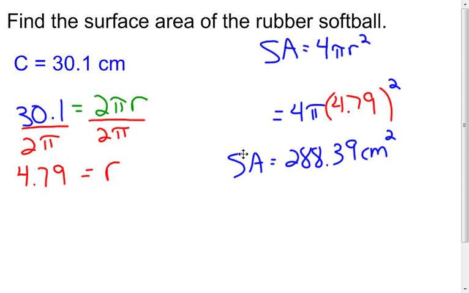Now what that tells me is that 288.39 little square centimeters would cover the outside of that rubber softball.